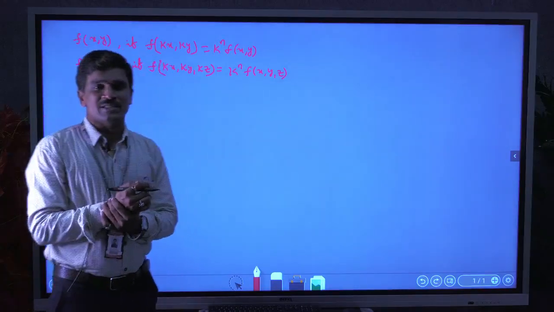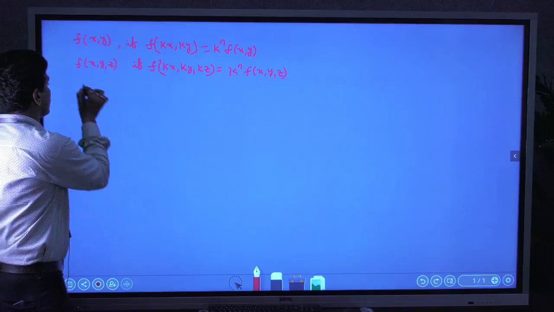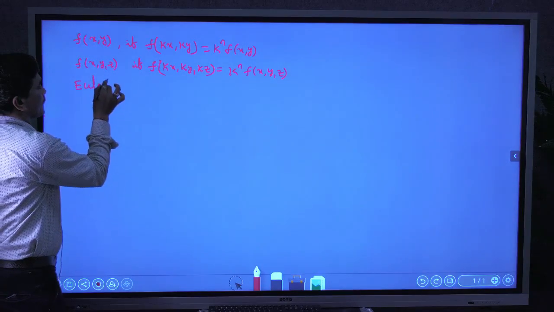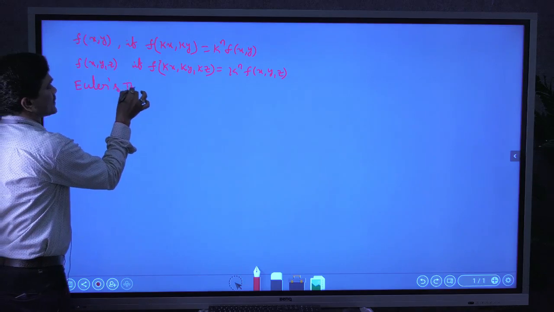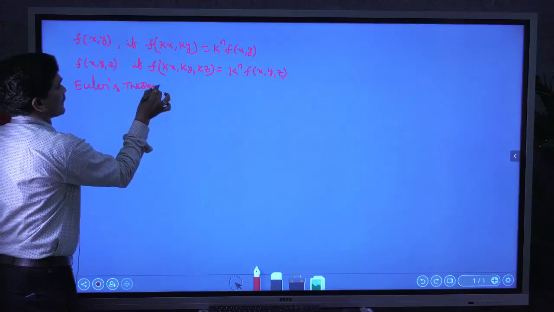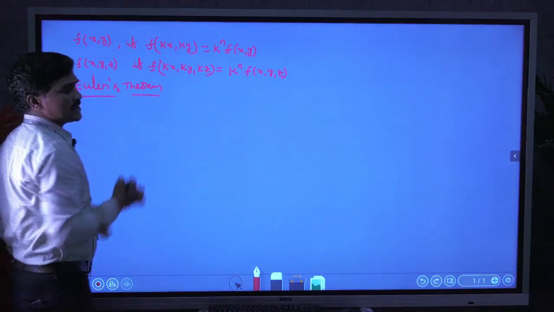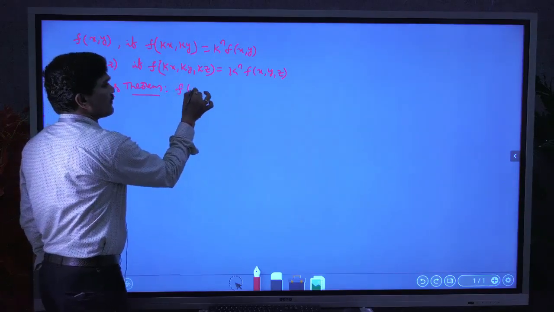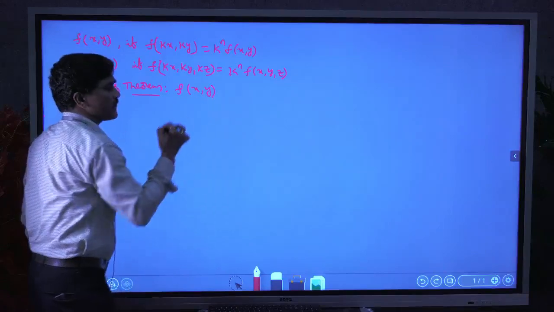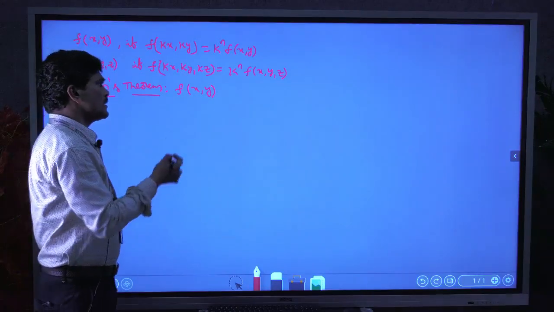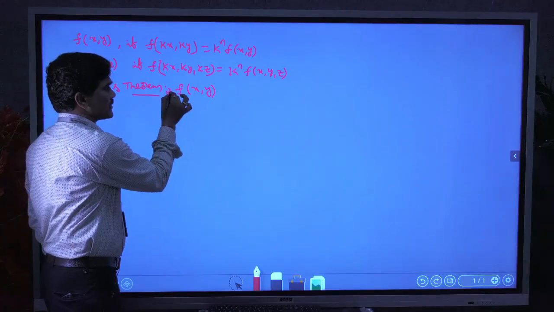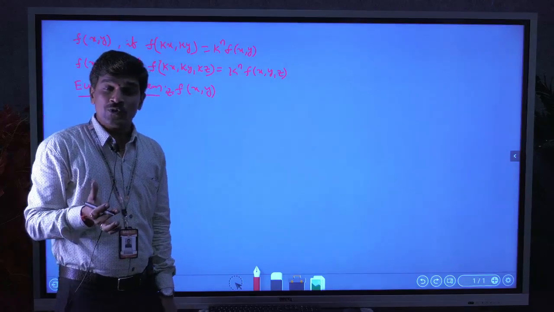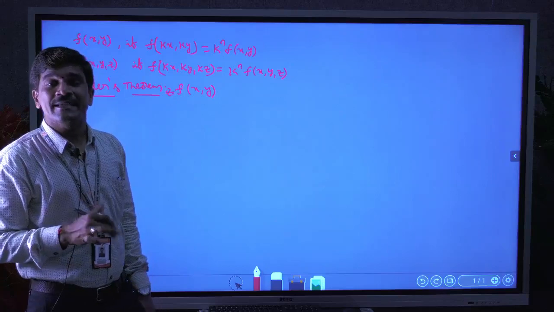Next one, now Euler's theorem. So what is Euler's theorem? The statement of Euler's theorem: suppose z is equal to f of x comma y is a homogeneous function of degree n.